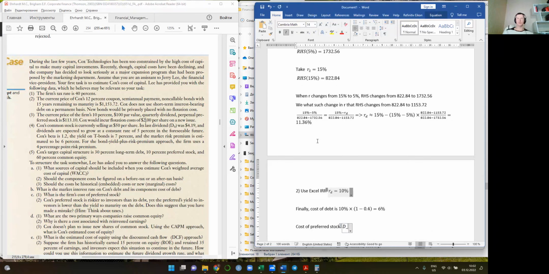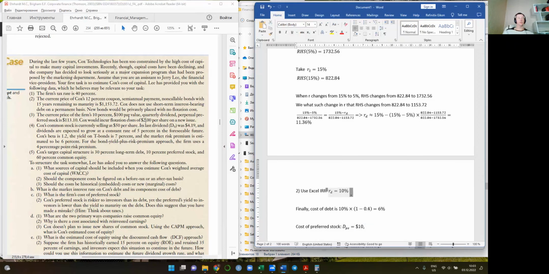So D for the preferred stock is going to be 10% of the $100 par value, so it's $10. Then we know that the par value, which is not basically needed for us, is 100.